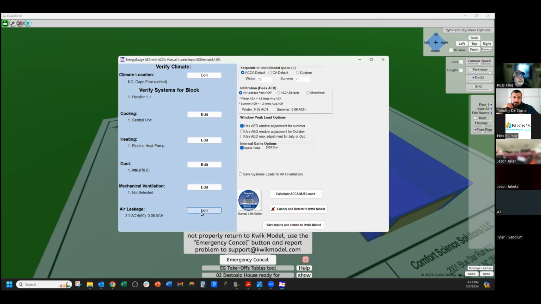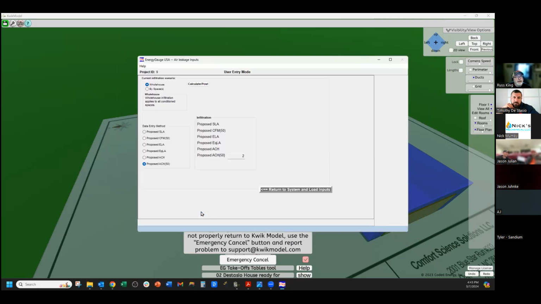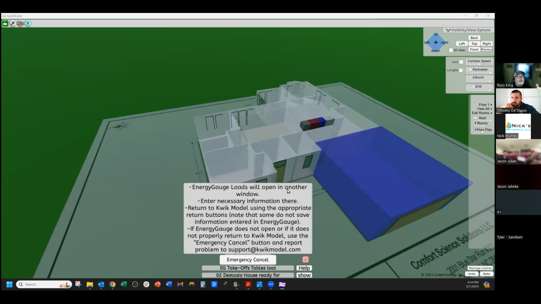And then for air leakage and infiltration, kind of like the ducts, there's a lot of different ways to enter infiltration. If you do an actual blower door test, you can enter your CFM50 number for this house. But we tend to use ACH50 as sort of a target for new construction. However you want to do it, you can do it there. Or you can use the Manual J defaults.